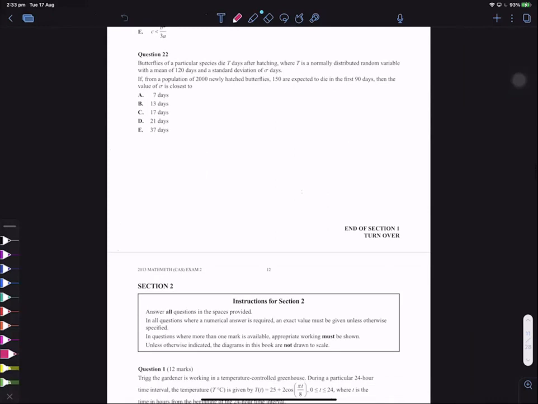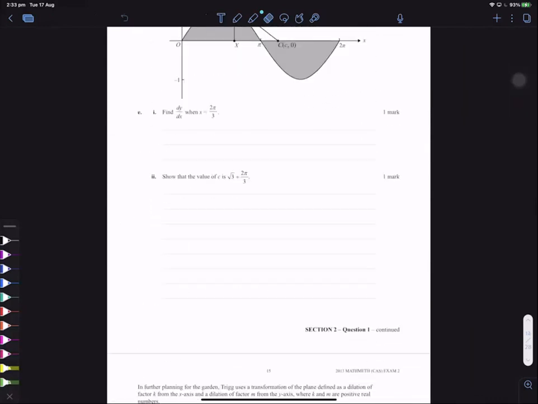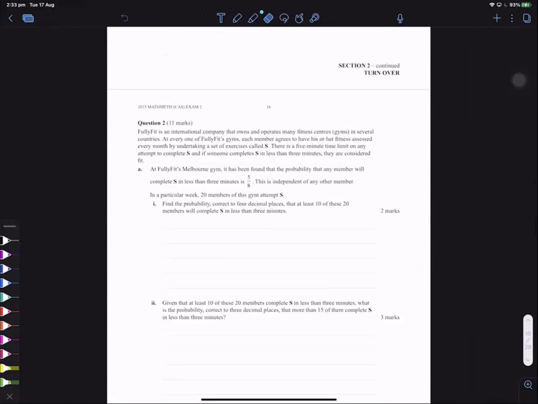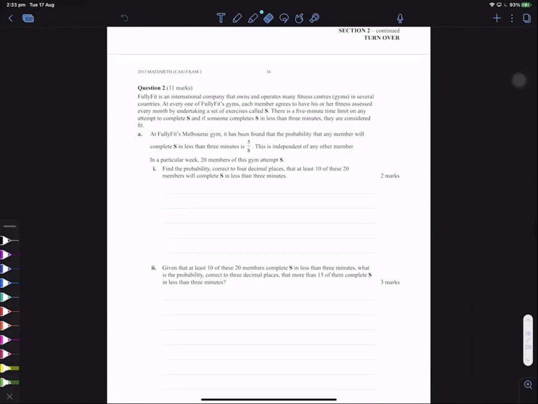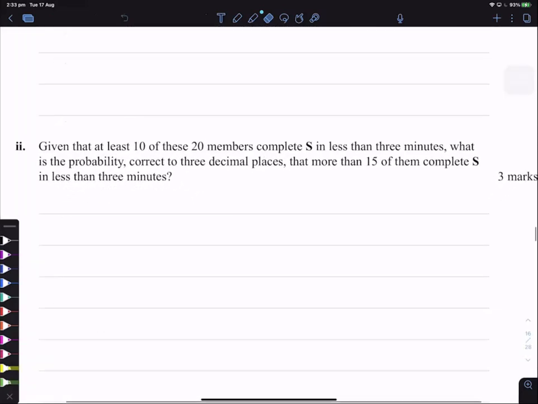Let me just show you here. See in this question here, it says correct to 3 decimal places. So this skill here, you need to have all the way until year 12.